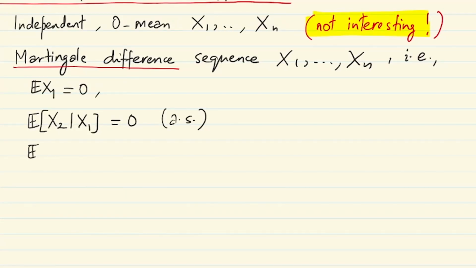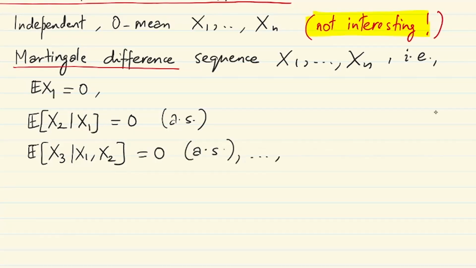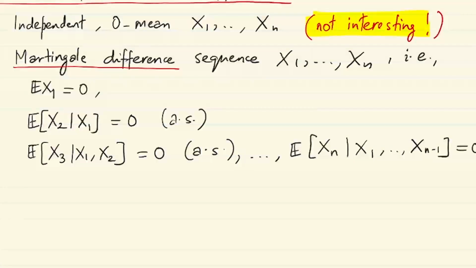Let's say the third one; so every random variable given the previous random variables has mean 0, conditional expectation 0. And so on until you reach the expected value of Xn given the first n minus 1 random variables is 0 almost surely.